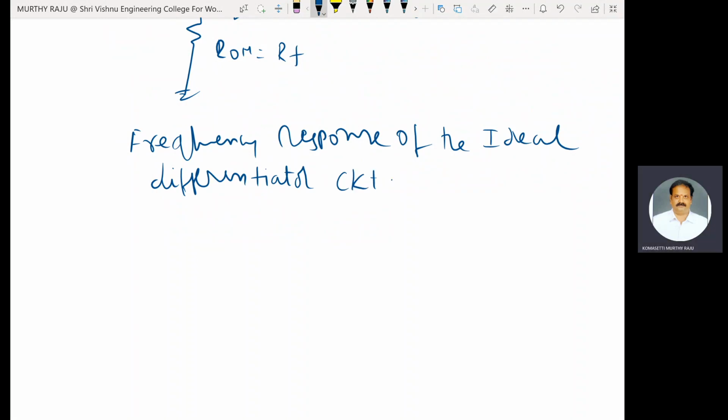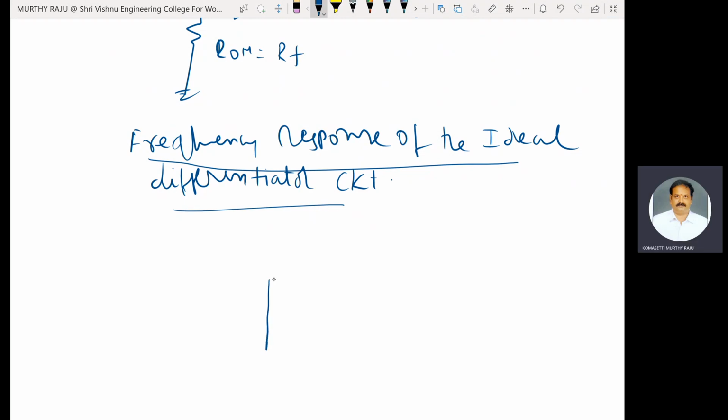By using the S domain, calculate the frequency response gain of that ideal differentiator circuit.